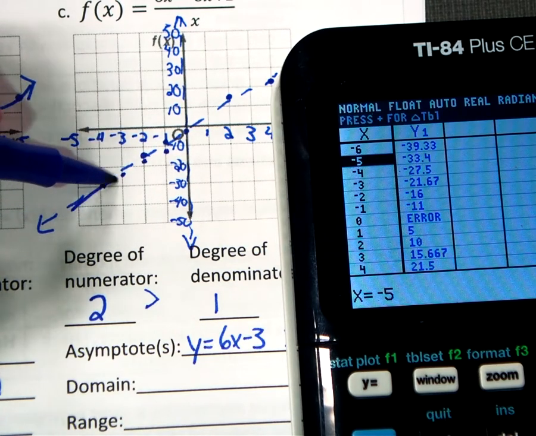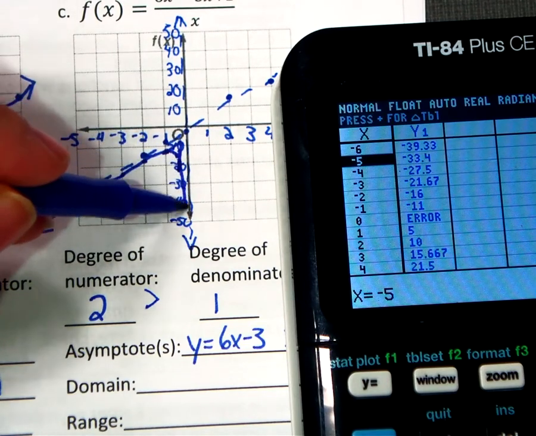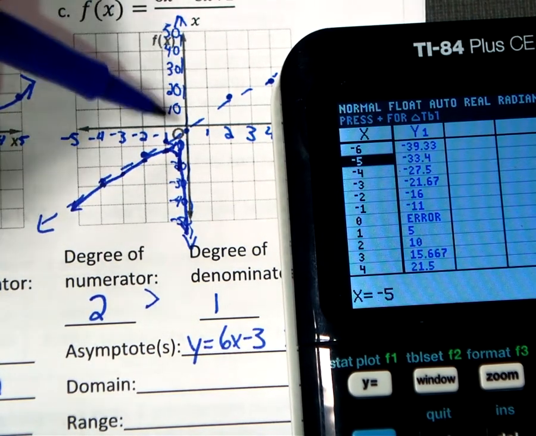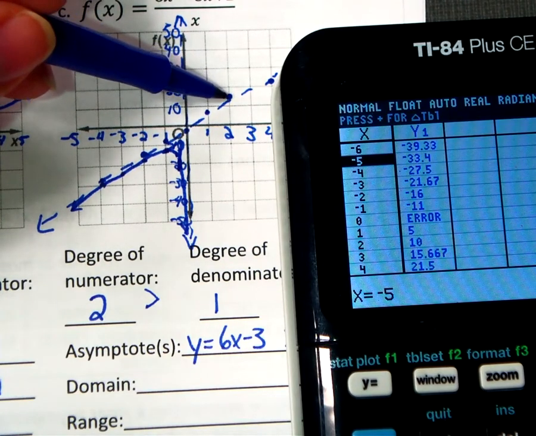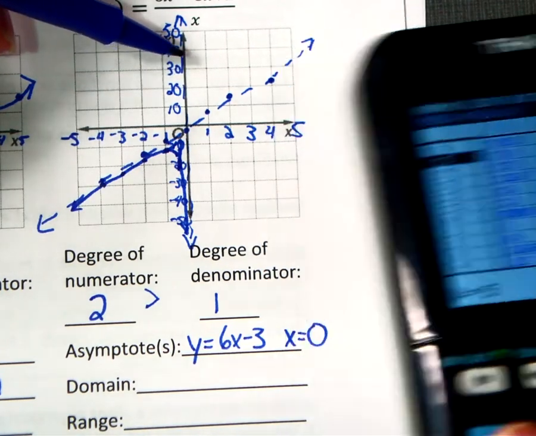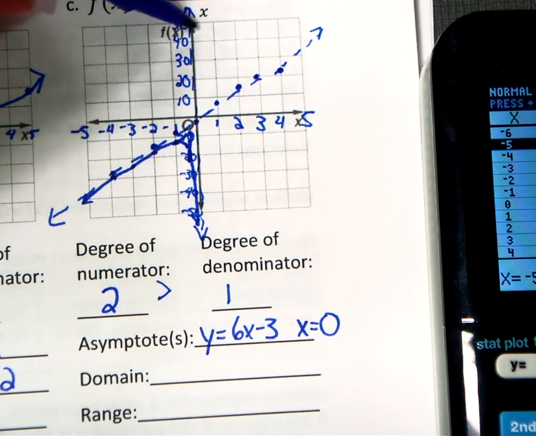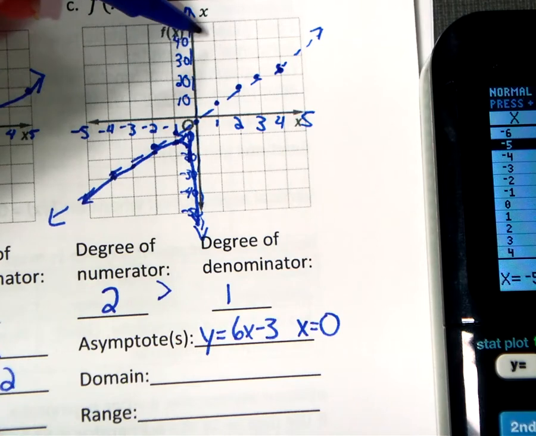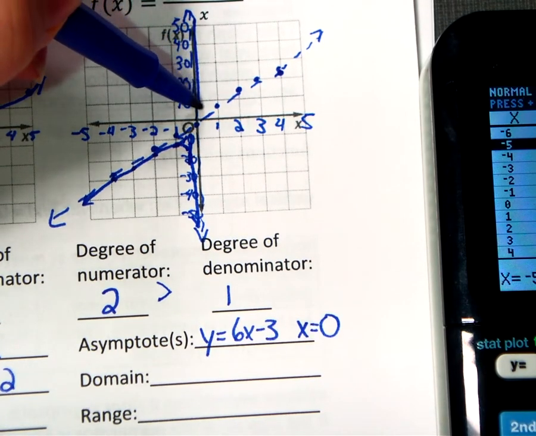And then it runs just along that asymptote. The positive side, we have 1 is at 5, 2 is at 10, 3 is at 15, 4 is at 21.5, and it's running right along, but never touching or crossing that asymptote.